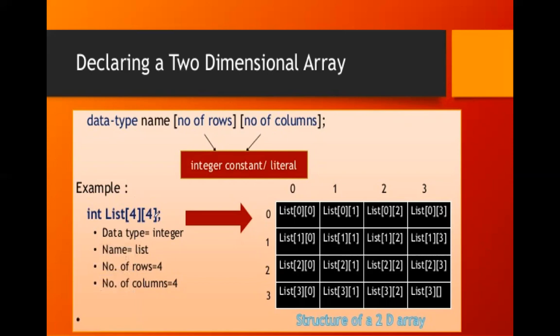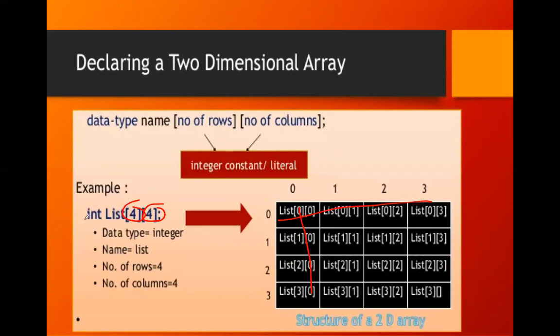You can take 5, so the columns will be increased. Here I have taken 4 columns and 4 rows. These are all the rows. This is the row and this is the column. So here you can increase the range also.